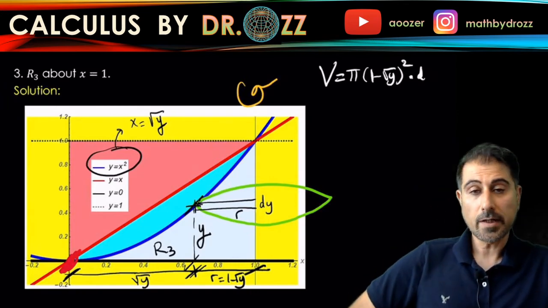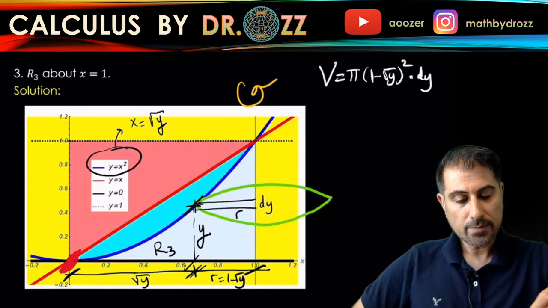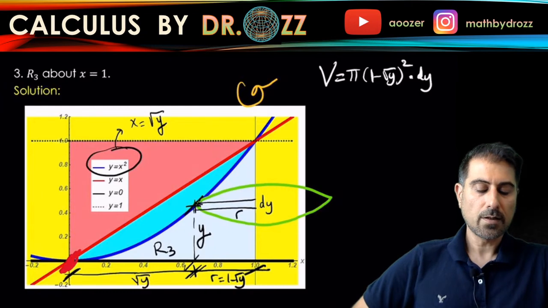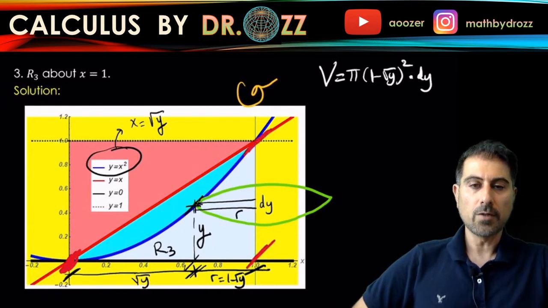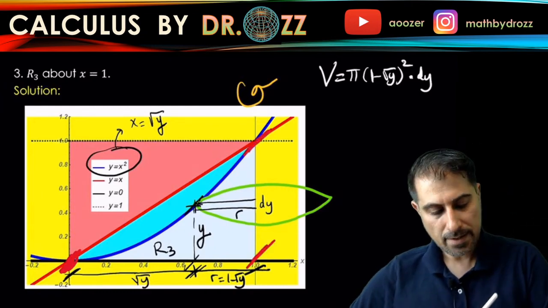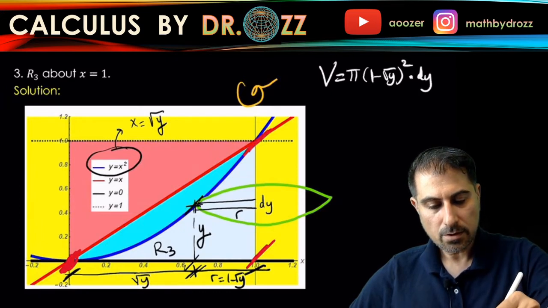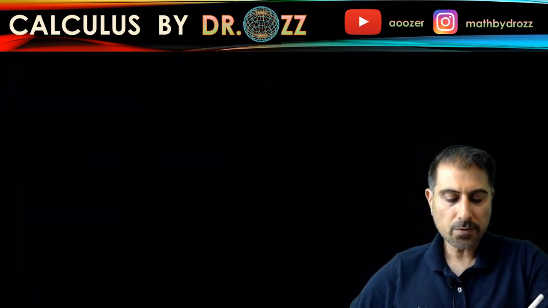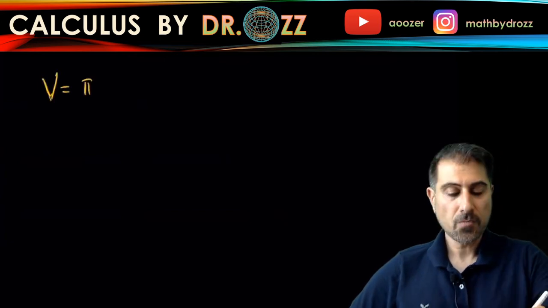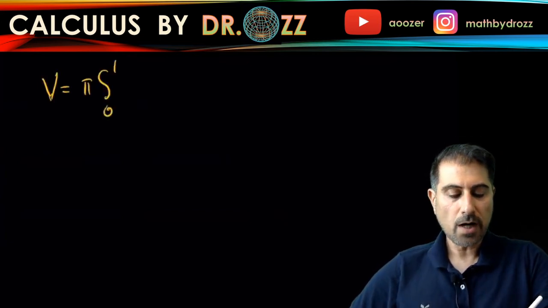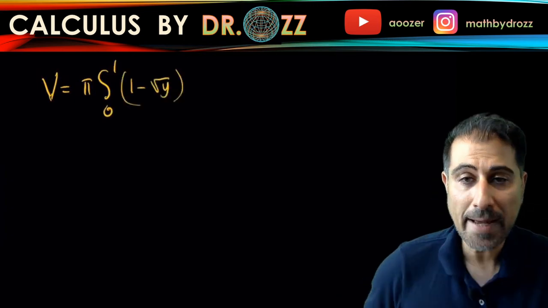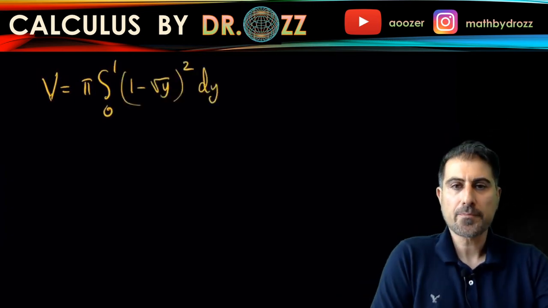And all the y's are ranging between 0 and 1 within that light blue region. So I can go ahead and write down the volume as pi integral from 0 to 1 of (1 minus radical y) squared dy. So this is a dy dependent integral.